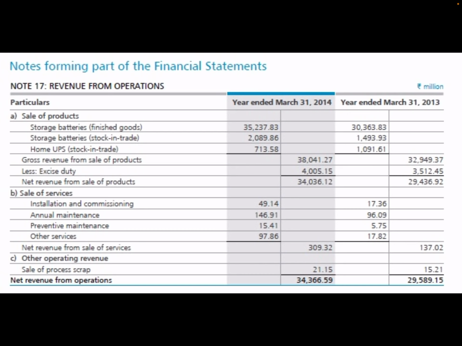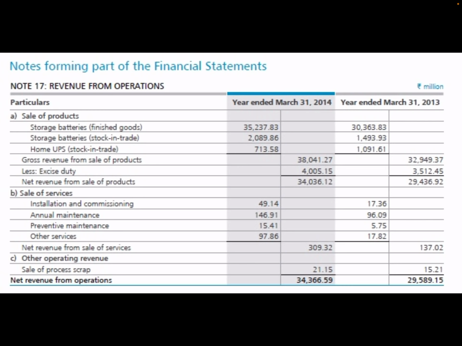Sales of home UPS in finished goods is at rupees 71 crores for the year 14 versus rupees 109 crores for the year 13.